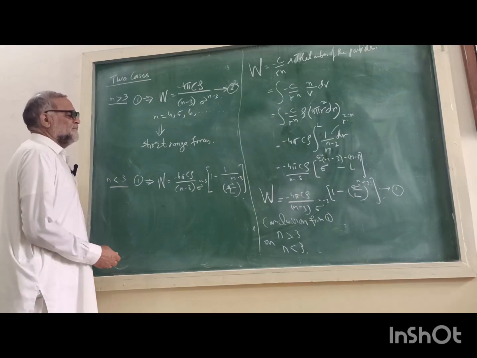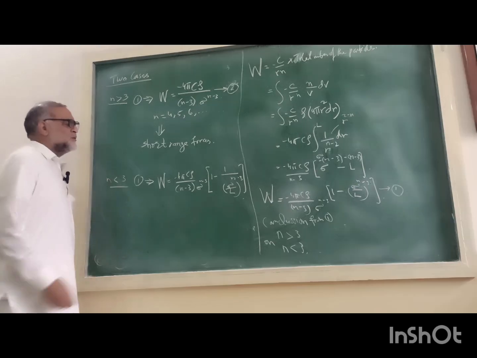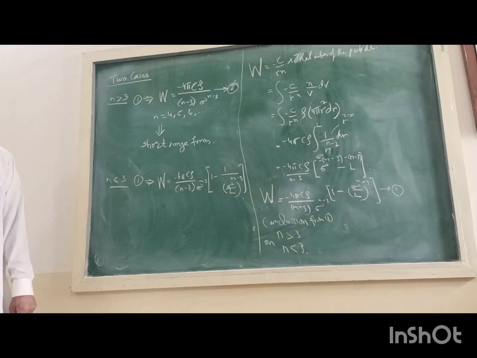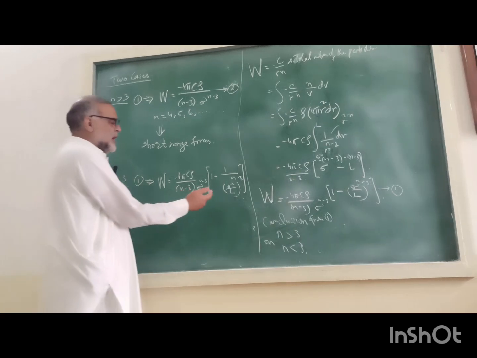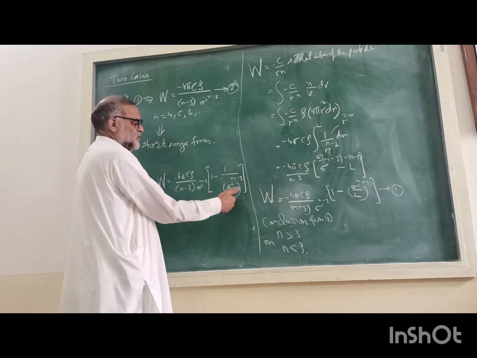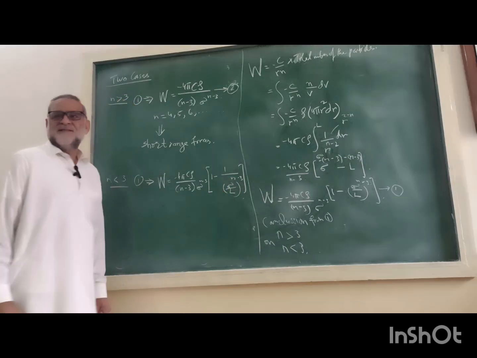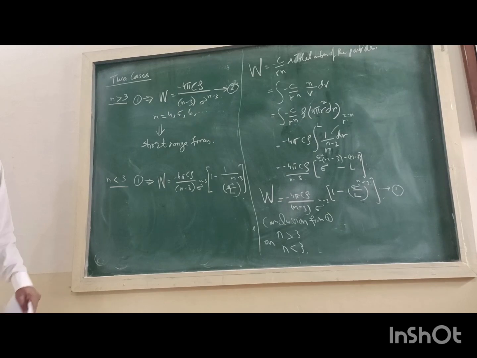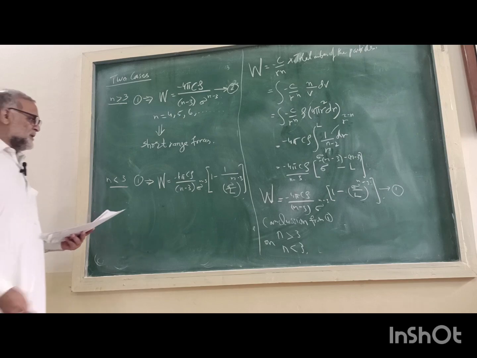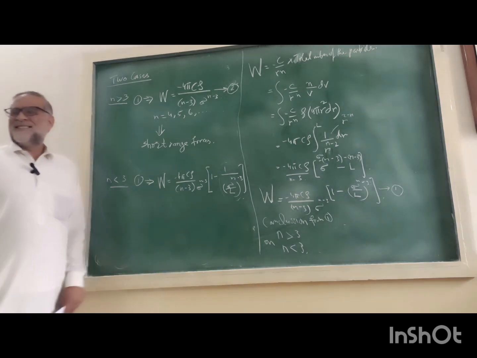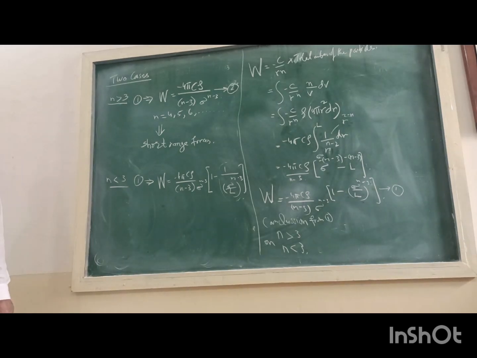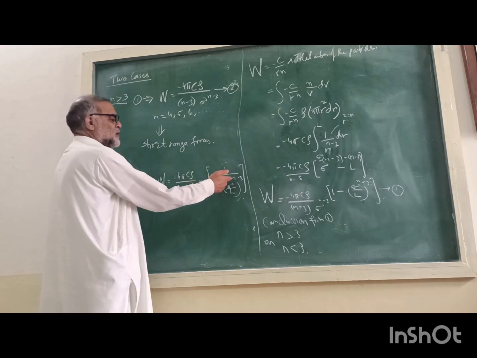If n is smaller than 3, here this is again a small quantity, and when this is a small quantity, this thing will be greater than 1. So we can then neglect 1 in comparison to that.